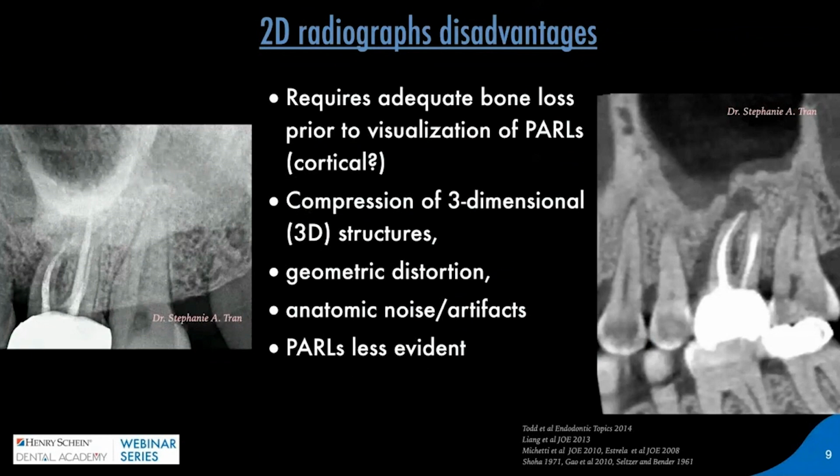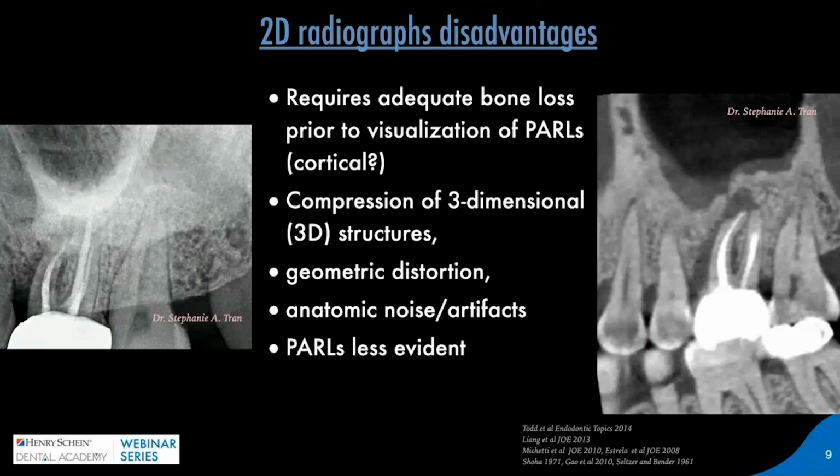There have been some discussions as to exactly how much bone loss has to occur before it happens, and one of the key factors is exactly how much cortical plate has been lost before the bone loss shows up on a 2D radiograph.